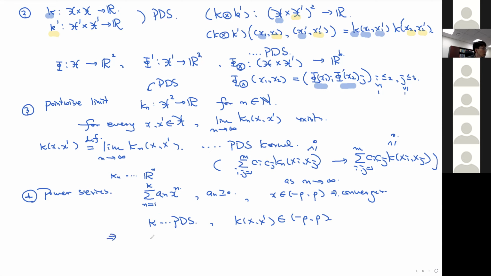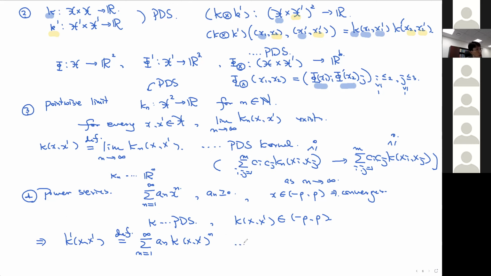Then taking this power series, the sum to infinity of a_n K^n, it's well defined because K always falls into the radius of convergence.